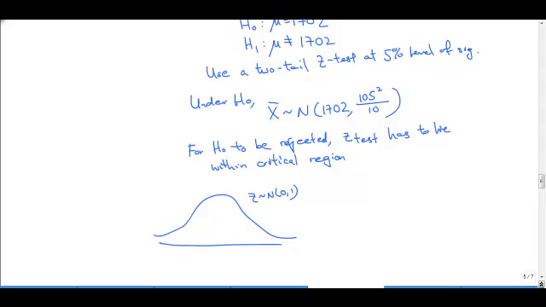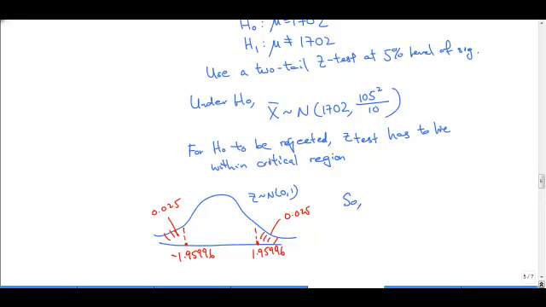Because it's a two-tailed test, the critical regions are on both sides of the bell curve. This is 0.025, and this is 0.025. My z critical, if I take inverse norm of 0.025, you'll find that this should be negative 1.95996, and this point here is 1.95996.